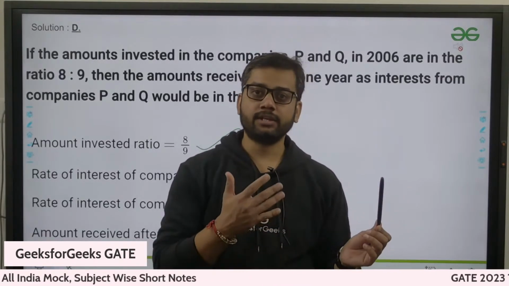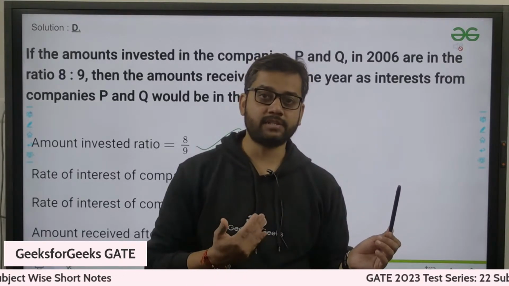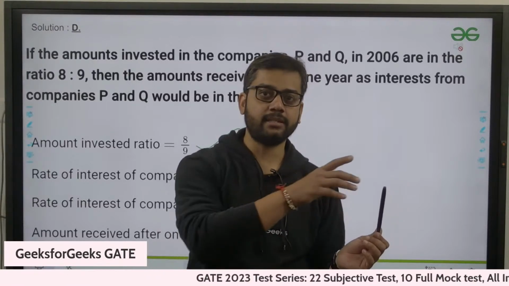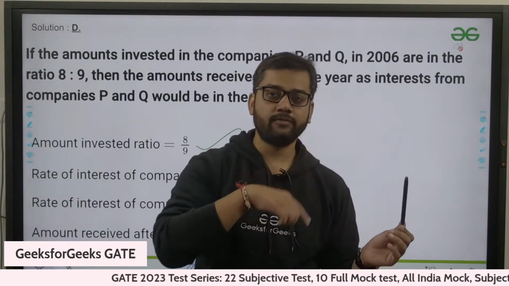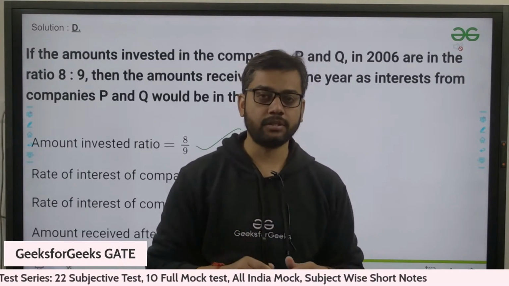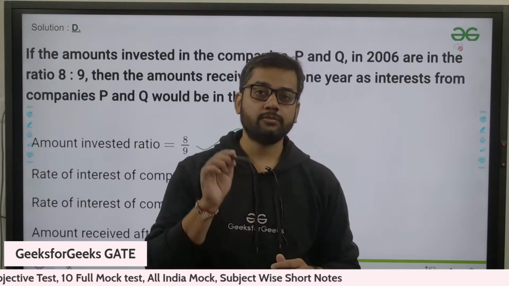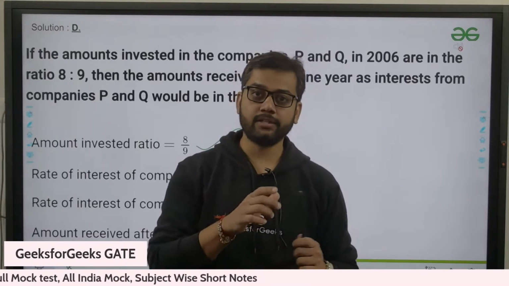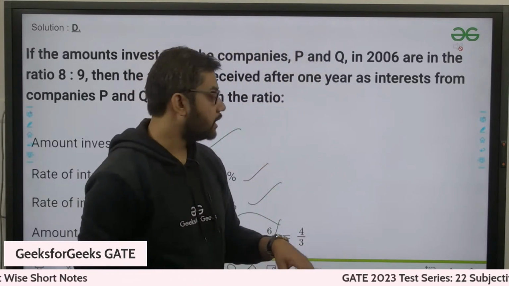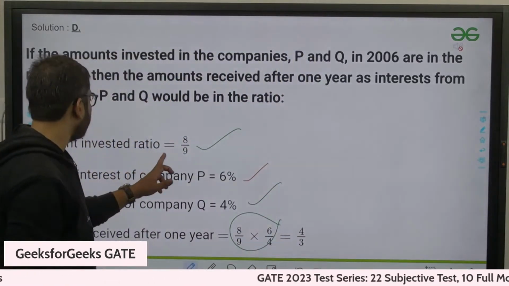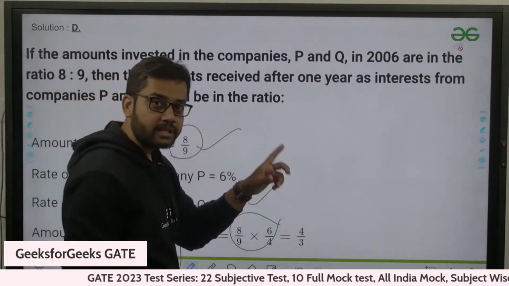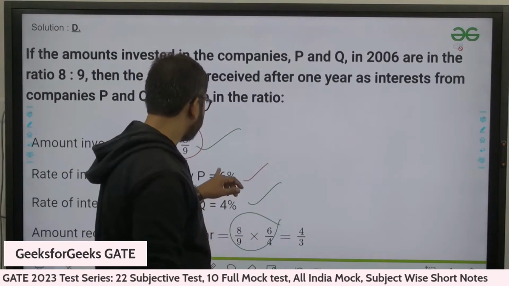The ratio is basically my rate of interest multiplied by the actual amount, and his rate of interest times the actual amount. Once the amount ratio is given, the basic calculation is already done. You only have to multiply the rates of interest: mine is 25% and his is 30%. I have done the same thing here. The amount invested ratio is 8 is to 9, and the rate of interest ratio is 6 is to 4.